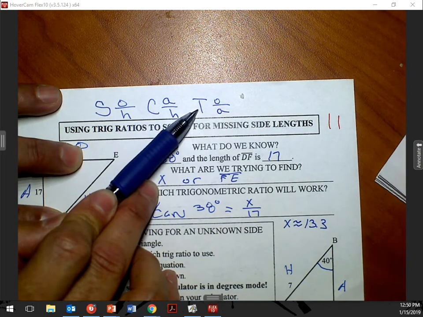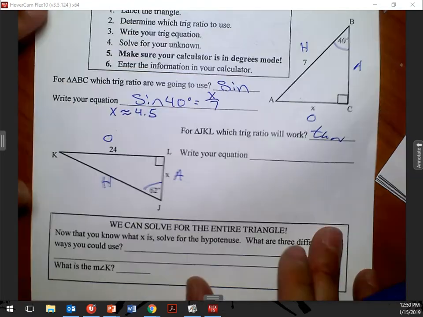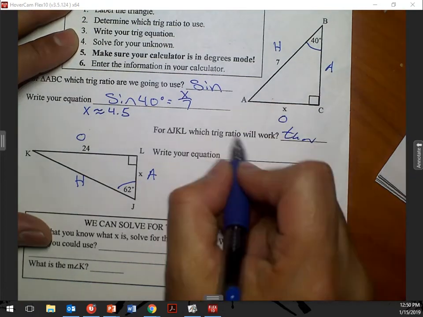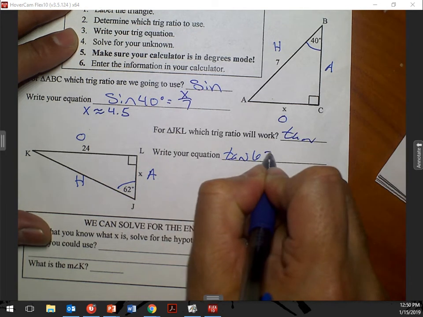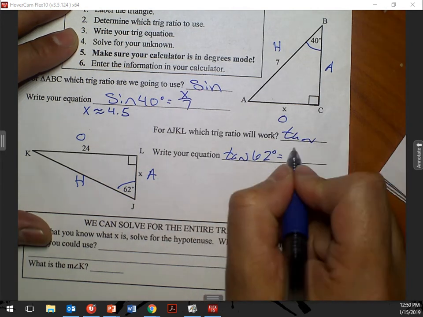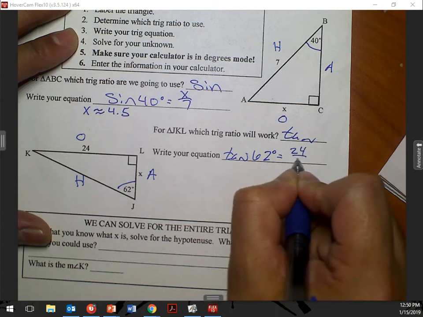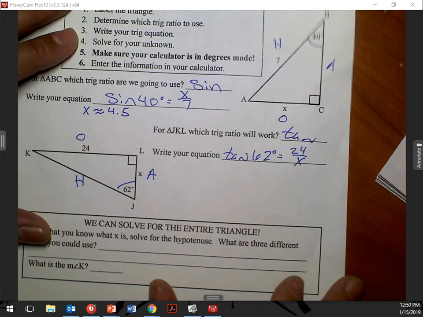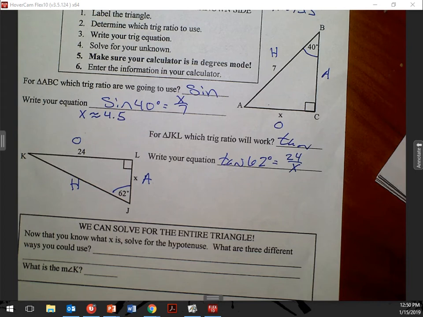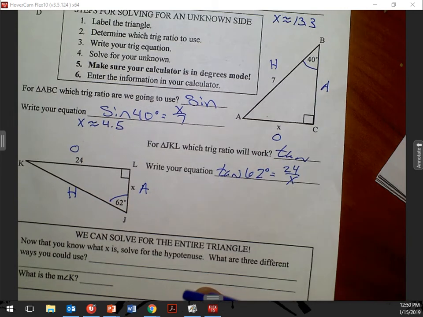All right, so let's go ahead and write our equation. So tan of what? 62 degrees equals 24 over x. Solve the same. Yes and no. All right, so let's flip it over.